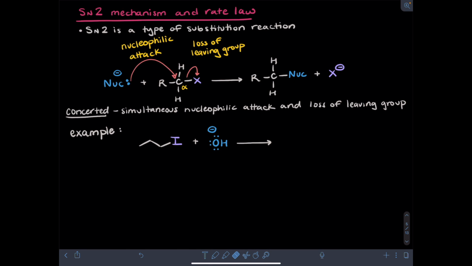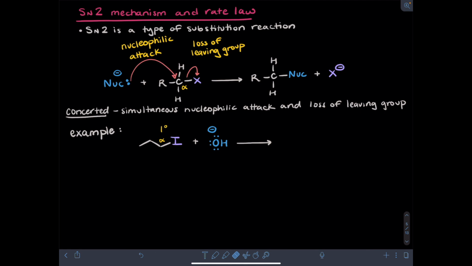Here's a more specific example of an SN2 reaction. I have an alkyl iodide and hydroxide. It's the carbon attached to iodine that is the alpha position, and because this alpha carbon has one other carbon attached to it, this is in particular a primary alkyl iodide.